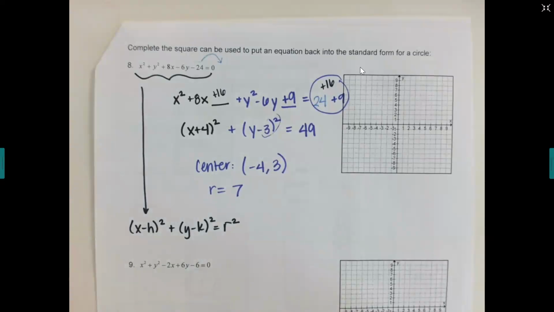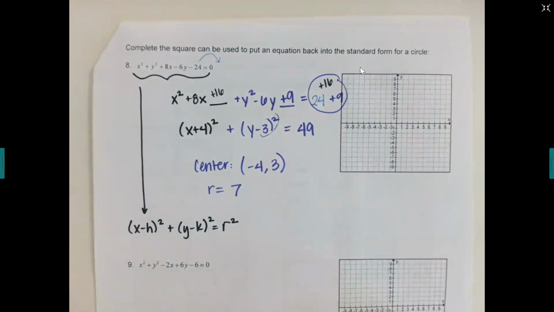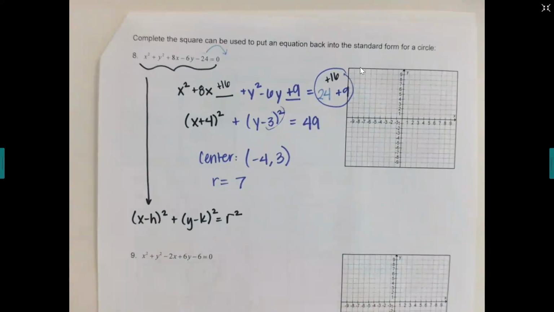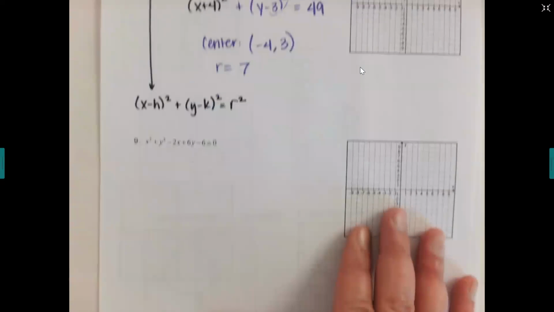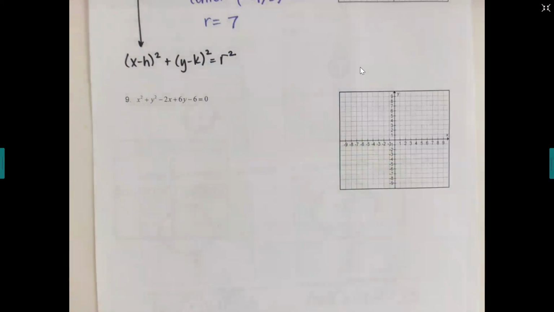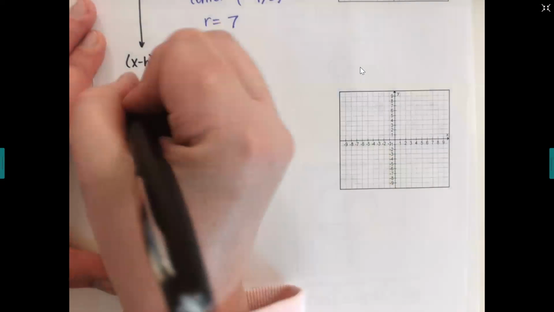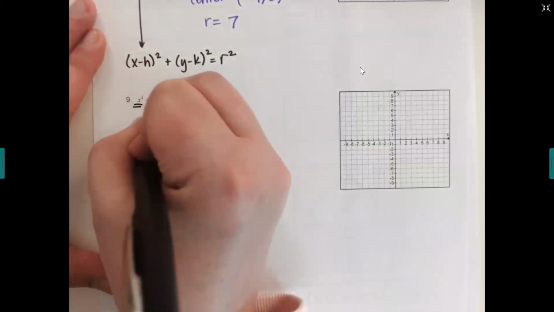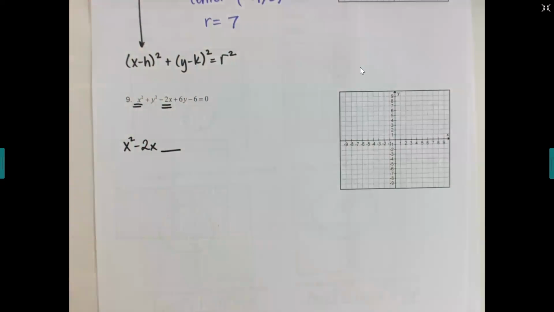All right, let's do another one. So you get the general idea. You should have learned complete the square in Algebra 1 and Algebra 2, but I know that was kind of when COVID hit, so maybe it got skipped. So first thing you do is reorganize your terms. So go down to number 9. All your x stuff is going to go in a row. So I have an x squared minus 2x. And then I'm going to save a spot for that complete the square term.